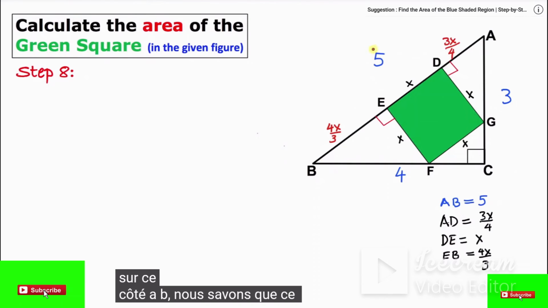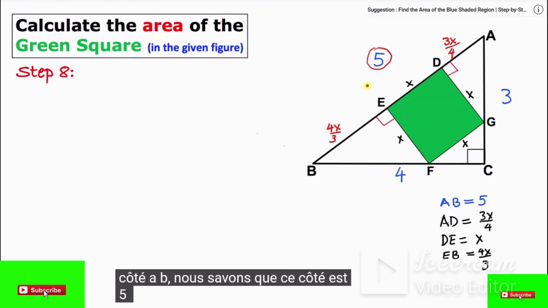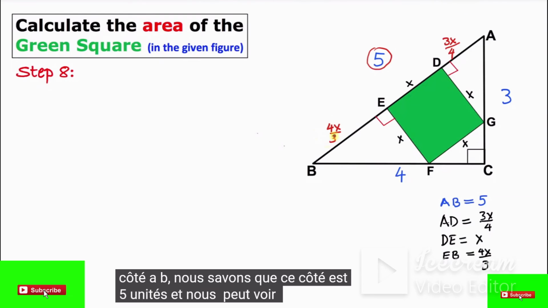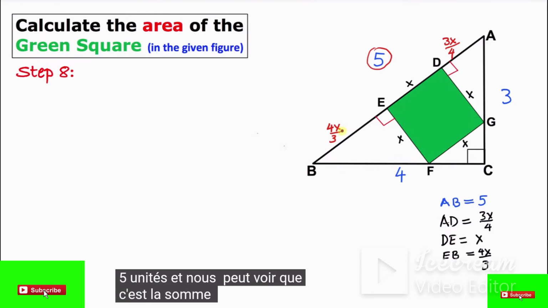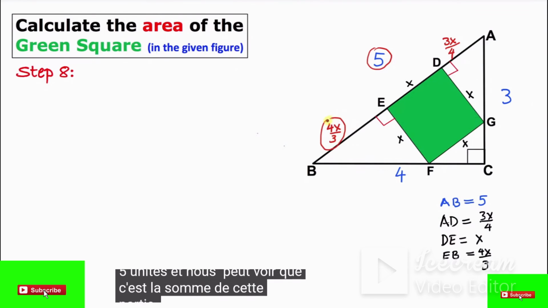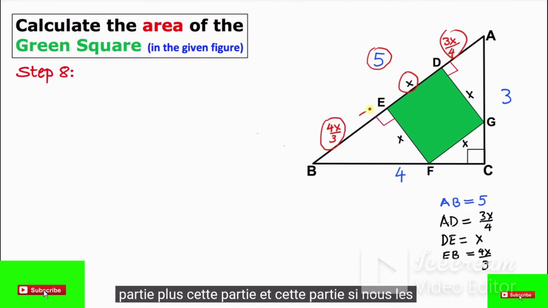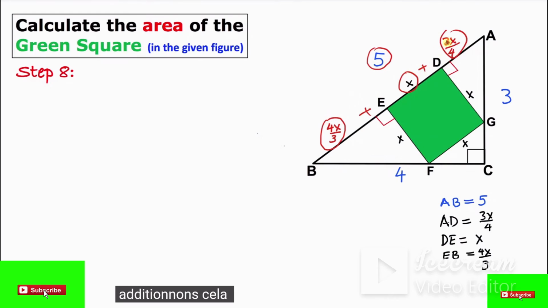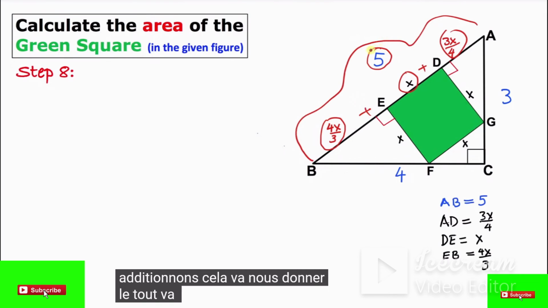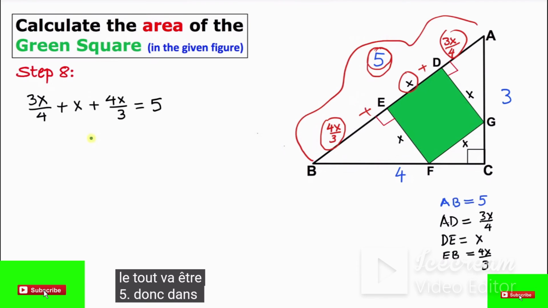Now in this step, let's focus on this side AB. We know that this side is 5 units, and we can see that this is the sum of this part plus this part and this part. If we add them up, the whole thing is going to be 5. Therefore, in this step, I have just copied down 3x over 4 plus x plus 4x over 3 equal to 5.